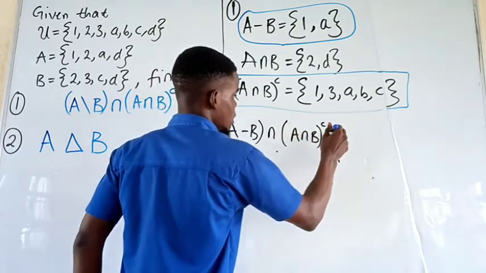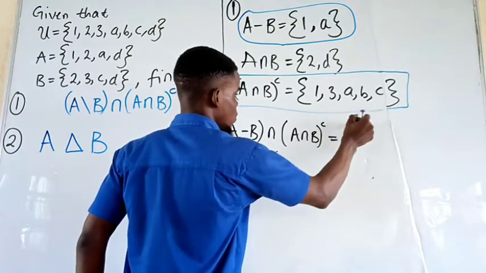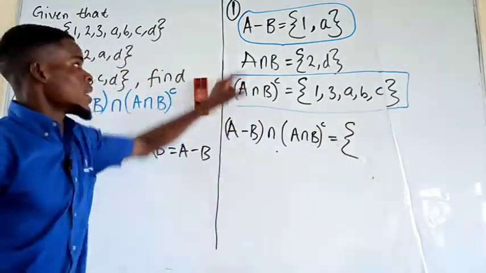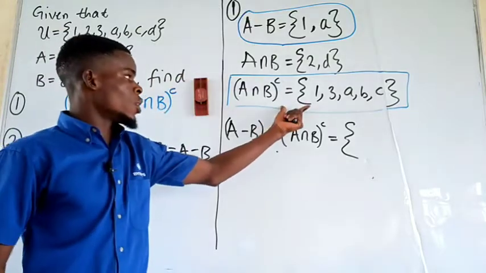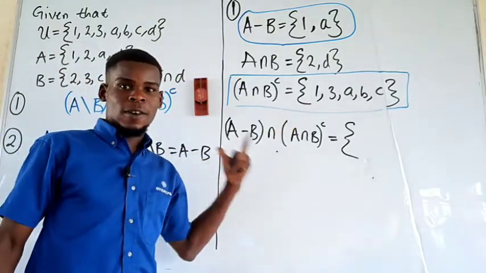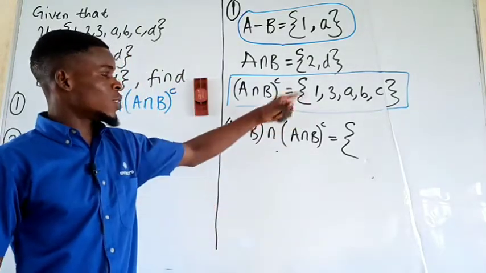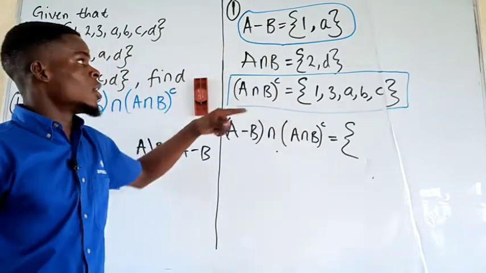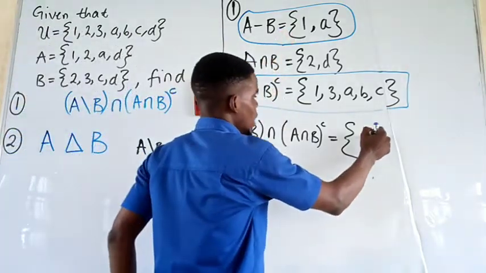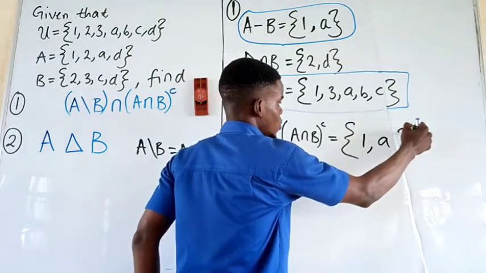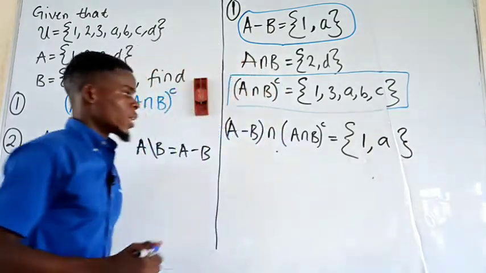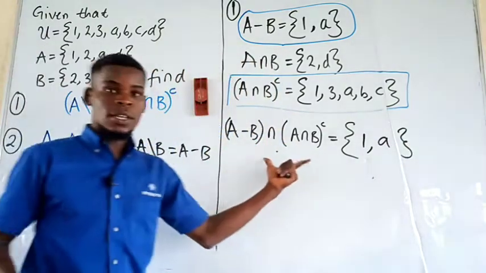This will produce a new set. We look at this one and at this one: which elements are common? Which elements are in both of the sets? 1 is in both of them, and a is also in both of them. So that is the result.